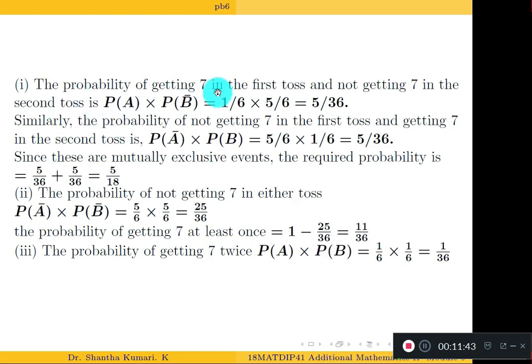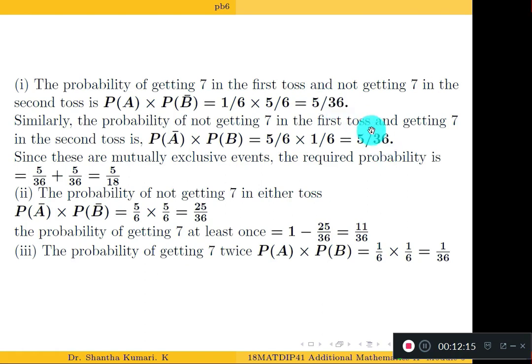Exactly once means either only A, not B. Either you can write the sentence or directly write the notation: P of A intersection B complement. I have multiplied directly here: P of A into P of B complement. One possibility. And not getting 7 in the first toss and getting 7 in the second toss, it is P of A complement into P of B. Once again 5 by 6 into 1 by 6.